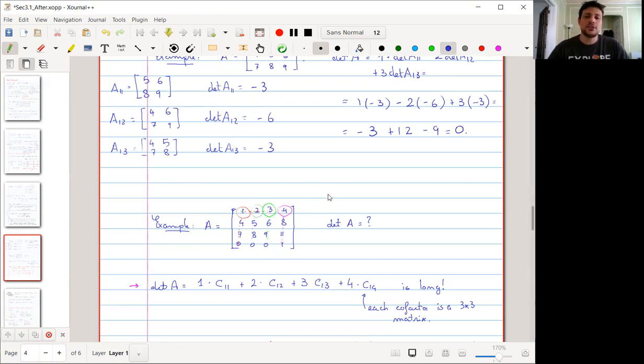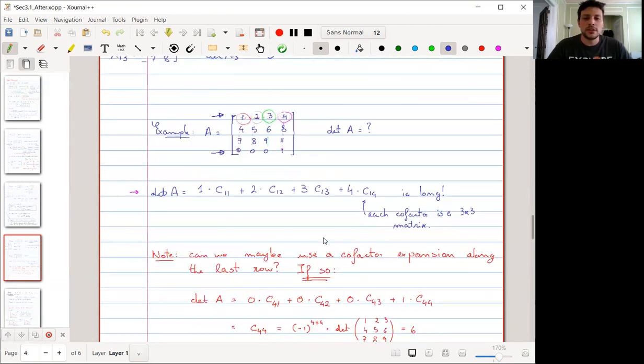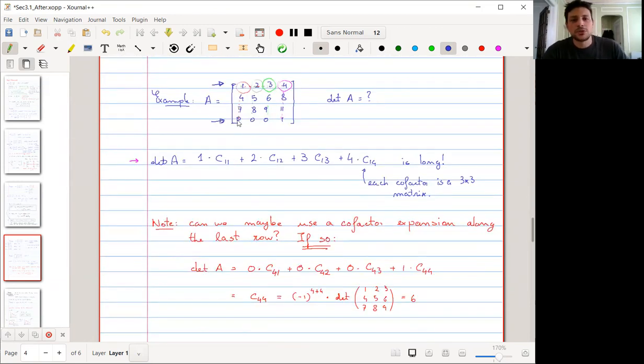However, it would be much nicer if instead of looking at the first row to do our cofactor expansion, we could follow along the last row, because the last row has lots of zeros. So if I were to expand along the last row, my cofactor expansion would look like this. 0 times C41, erasing the last row and first column, plus 0 times C42, erasing last row and second column, plus 0 times C43, plus 1 times C44.